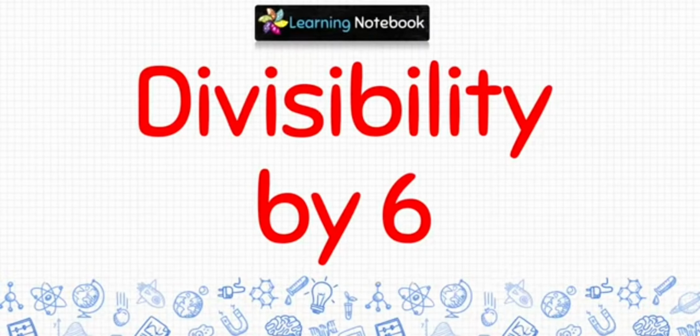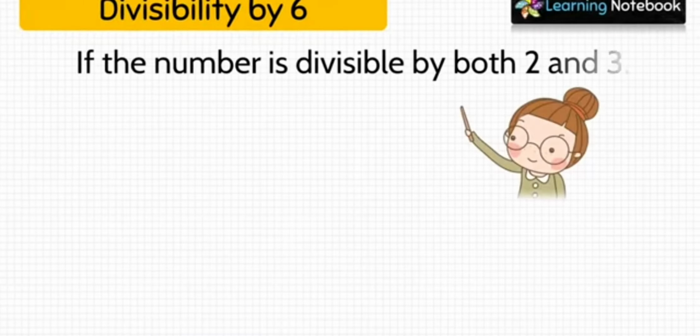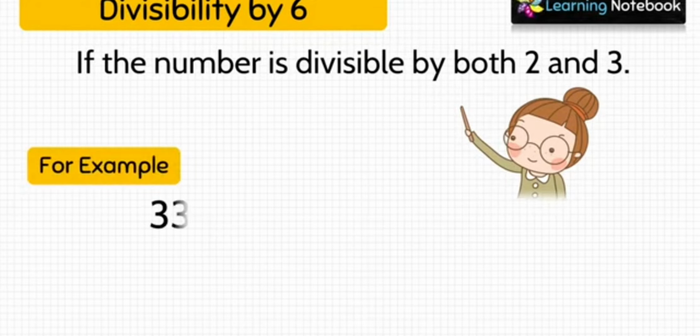Next is divisibility by 6. To check if the number is divisible by 6, we will see if the number is divisible by both 2 and 3. Let's take an example. 336. This number is divisible by 2 because its last digit 6 is an even number.